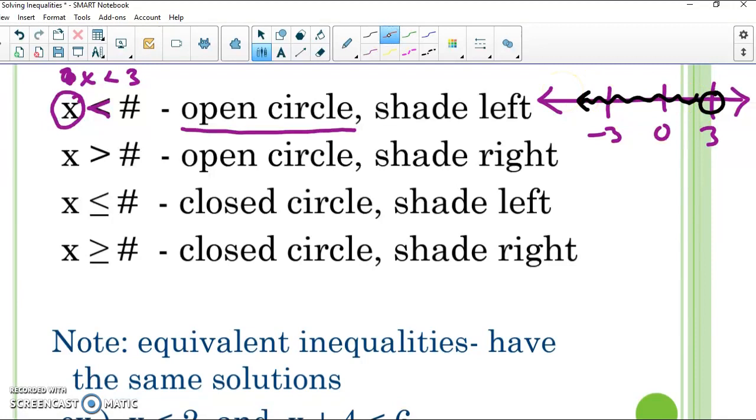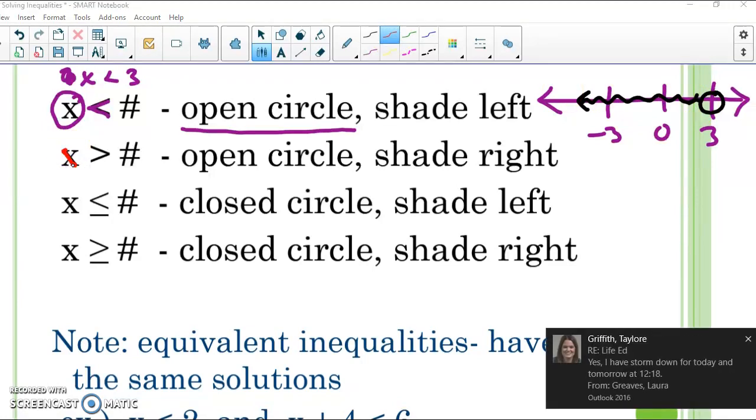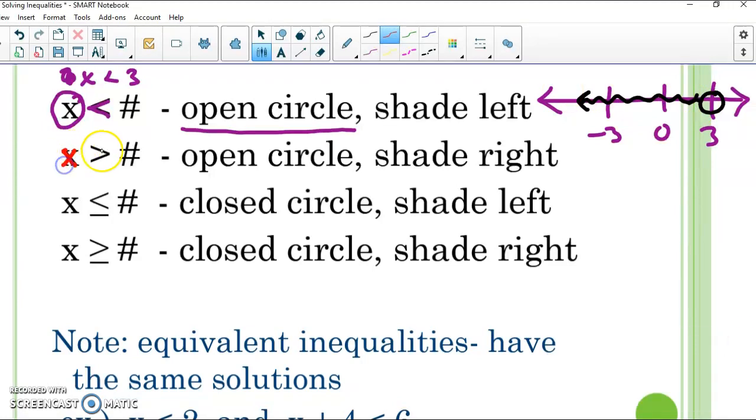So as we look at statements such as x is greater than a number, I'm again going to use an open circle, and that open circle is just showing me that x can't be equal to that number. But then I'm going to shade to the right because x should be greater than that number.